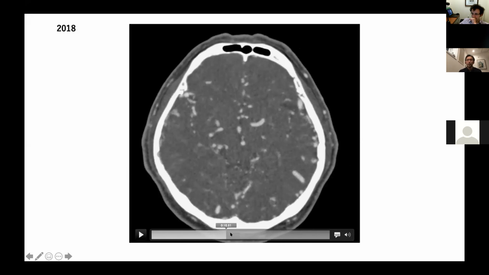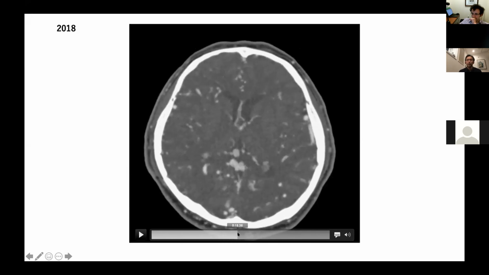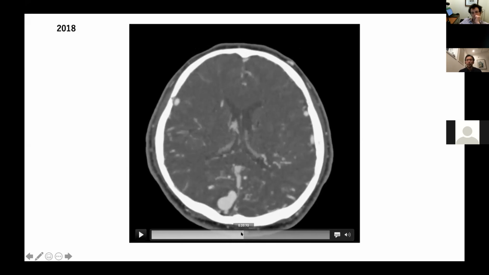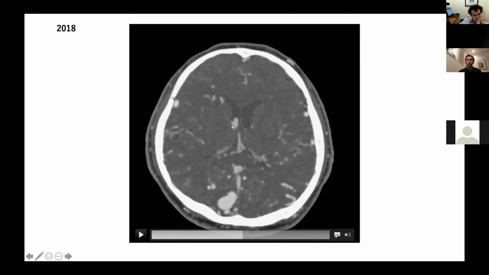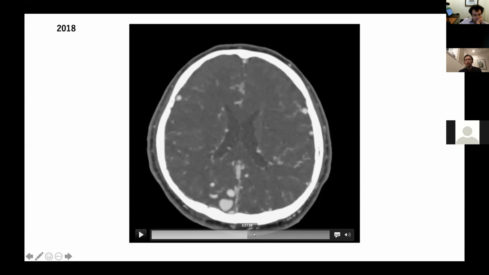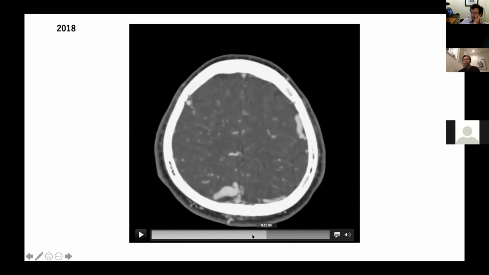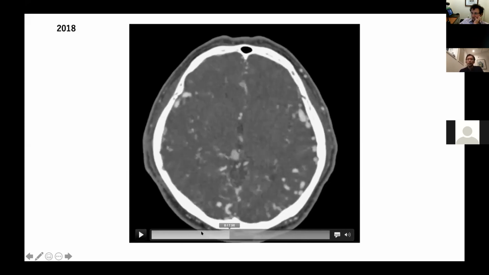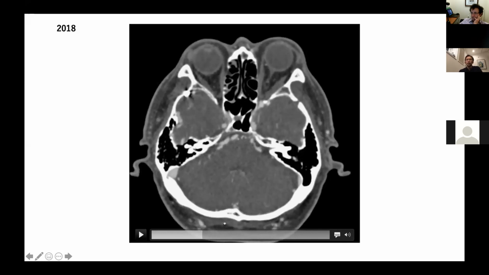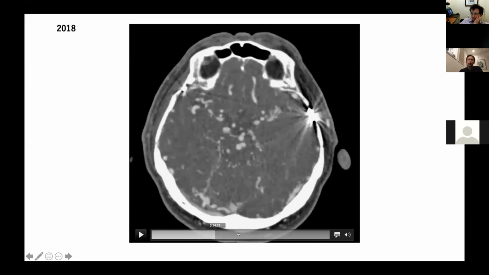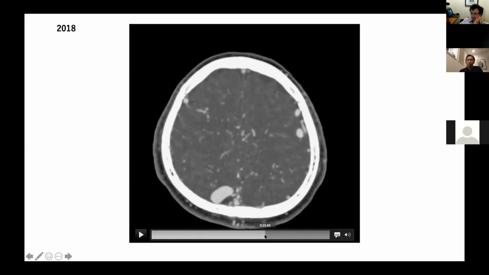But as you can see, also the deep venous system, you can see a venous pouch over here inside the ventricle itself. So the patient, when he was referred to us, didn't have any bleeding, but only his eye was kind of popping out. So we took him, but with a lot of reflux, we decided to treat him.